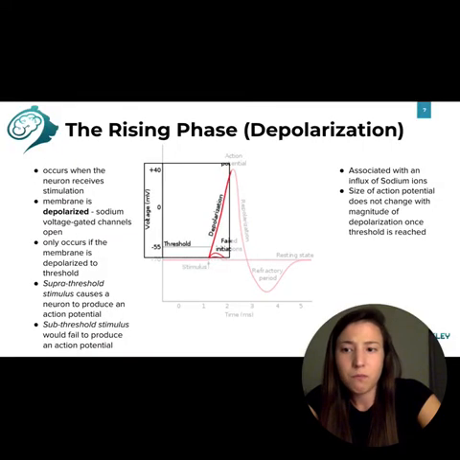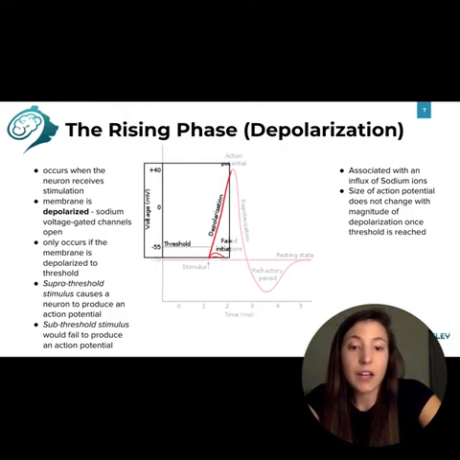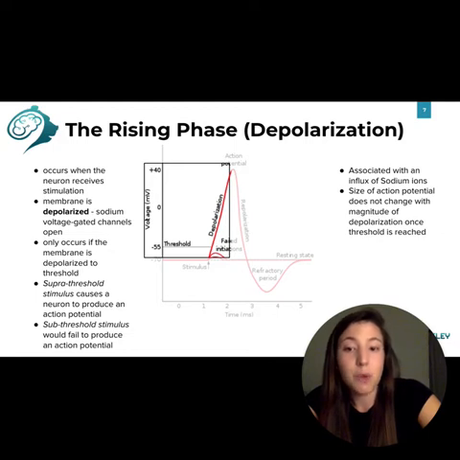So when the action potential occurs, there is some kind of stimulus that causes the membrane to depolarize. Depolarization means that the membrane potential is becoming less negative. It's moving towards zero. And it's caused by an influx of positive molecules into the axon. When the depolarization reaches a certain threshold, the membrane potential changes rapidly until the peak of the action potential.